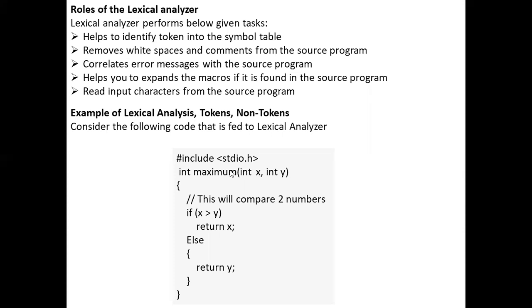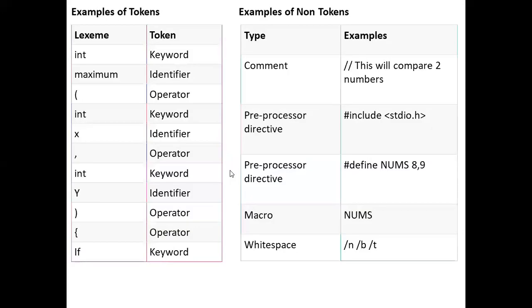So these are called non-tokens: preprocessor directives, macros like hash define num, white spaces, slash n, slash b, slash t. Remaining things are called tokens, and tokens can be classified as keywords, identifiers, operators. Okay, clear? We already discussed these things.